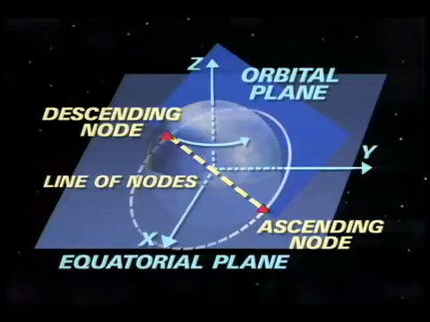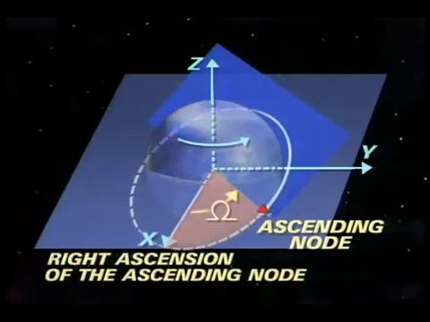The orientation of an orbit is determined by three orbital element angles. The right ascension of the ascending node is the angle between the x-axis and the ascending node. It is always measured eastward from the direction away from the vernal equinox in the Earth's equatorial plane.